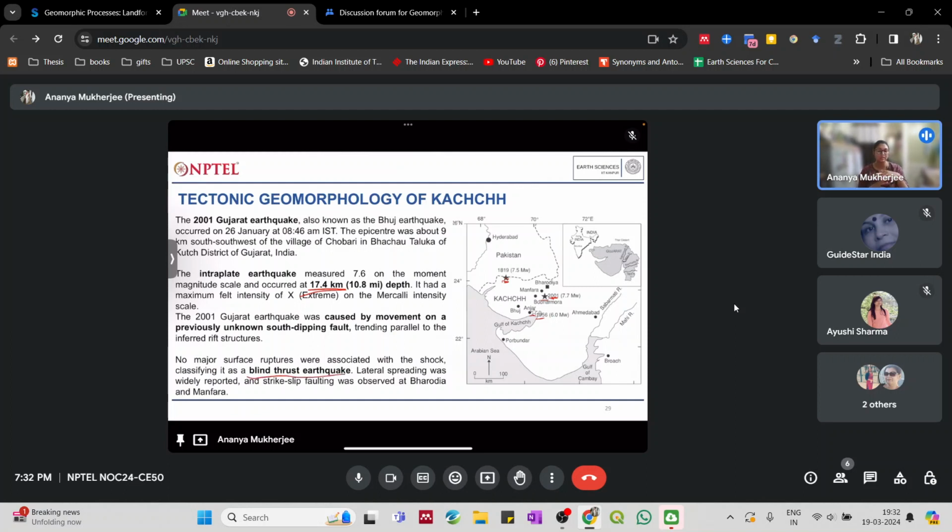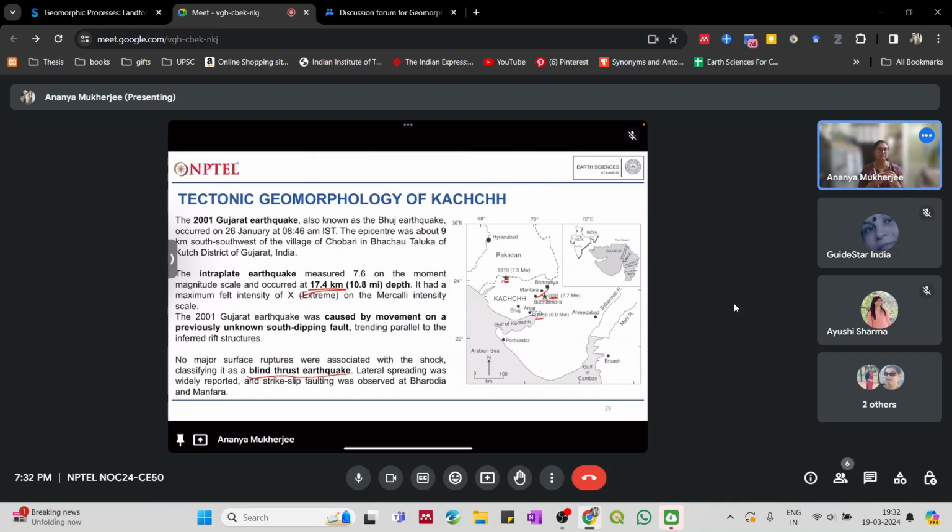So mostly there was a lateral spreading of the stress release, and this was said to be along a strike slip fault that was observed at Bharodia and Manfara. They measured the displacement of certain points in the vicinity of the earthquake, and that's when they realized how the displacement had actually occurred, and then they classified it as a thrust related earthquake.